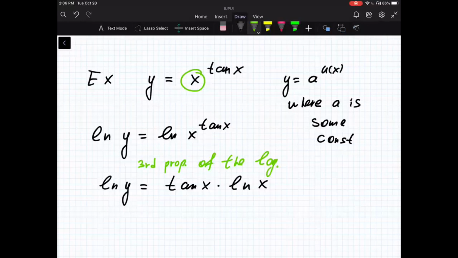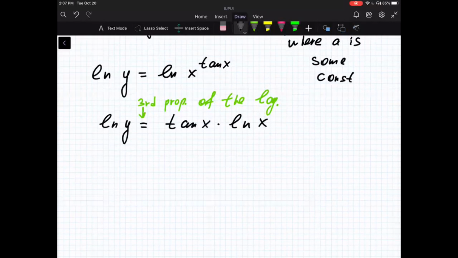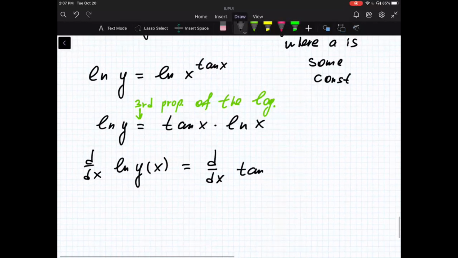That's the third property of the logarithmic functions. And now, there is no such thing as some function to the power of another function. It's just the product of two functions. And it's, of course, easy to differentiate. Now, on the left-hand side, we have the derivative of the logarithm, where y is also a function of x. So we need to be careful. And on the right, the derivative of tangent times the logarithm of x.